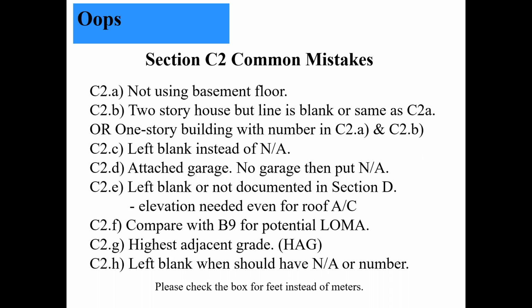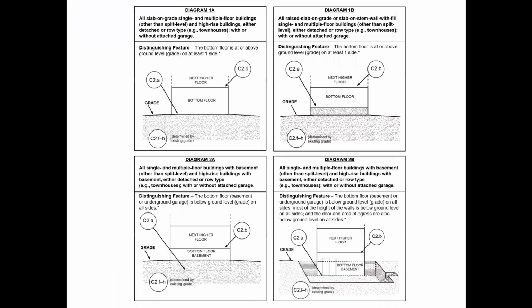Again, with the diagrams from the Section A class, we went through all of these on Tuesday. It shows you where to measure these points, and these can be helpful to have in the field as you're either filling out a certificate or doing your inspections. Comparing these numbers to each other can help us clarify mistakes.